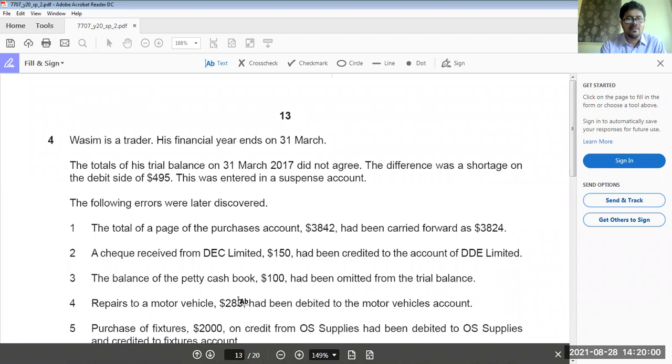Justification. Okay. Wasim is a trader whose financial year ends on 31st March. The total of his trial balance on 31st March 2017 did not agree. The difference was a shortage on the debit side of 495 that was entered in the suspense account.